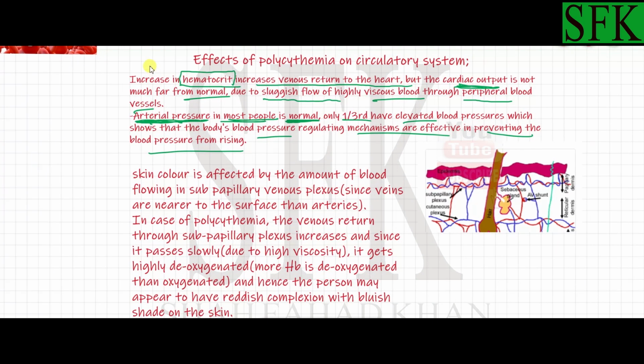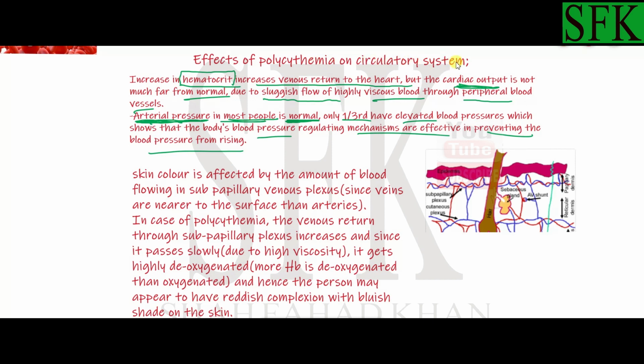Now we'll have to look at the effects of polycythemia on the circulatory system, just like the effects of anemia on the circulatory system. But the effects of polycythemia on the circulatory system are the reverse. Most of them are the reverse of anemia. Okay, so let's begin. Increase in the hematocrit level increases the venous return to the heart, but the cardiac output is not much far from normal due to the sluggish flow of the highly viscous blood.